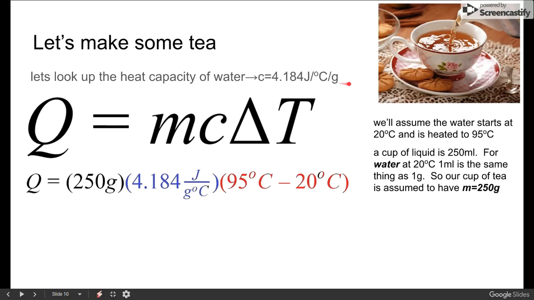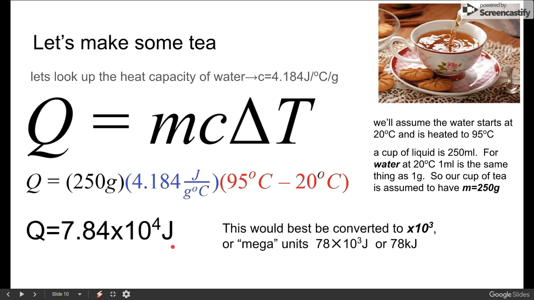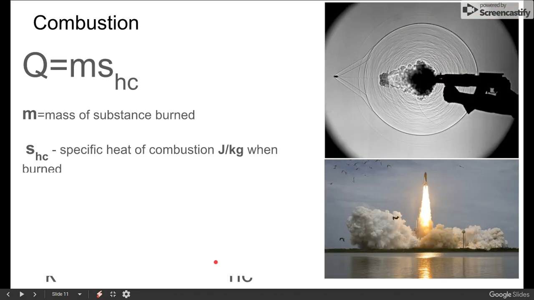Sometimes it will say per kilogram. And I get this energy. Now, if you just move this over 1, then you've used up one of these 4 zeros, and you're down to 3. And 3 zeros have a nickname, kilo. So this is 78 kilojoules. That's a very straightforward formula to use.